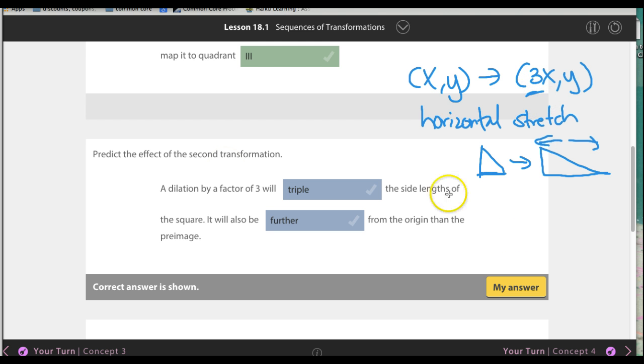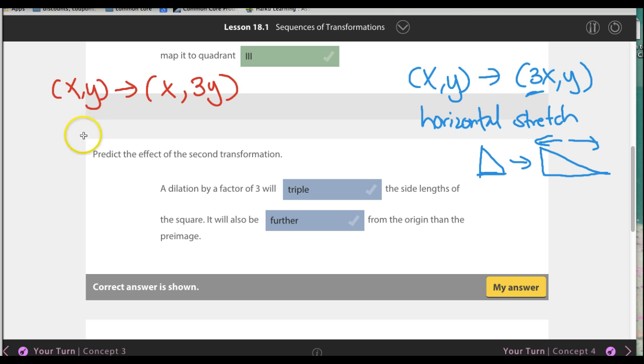Now another thing is, if you have x comma y, and the rule is to multiply only the y, okay? So the x stays the same, and now this time we're going to multiply the y by 3.